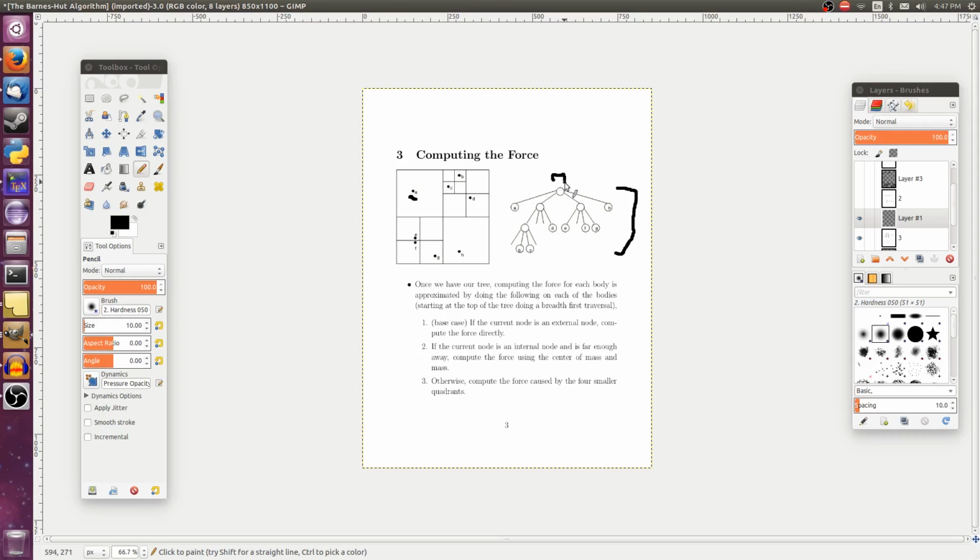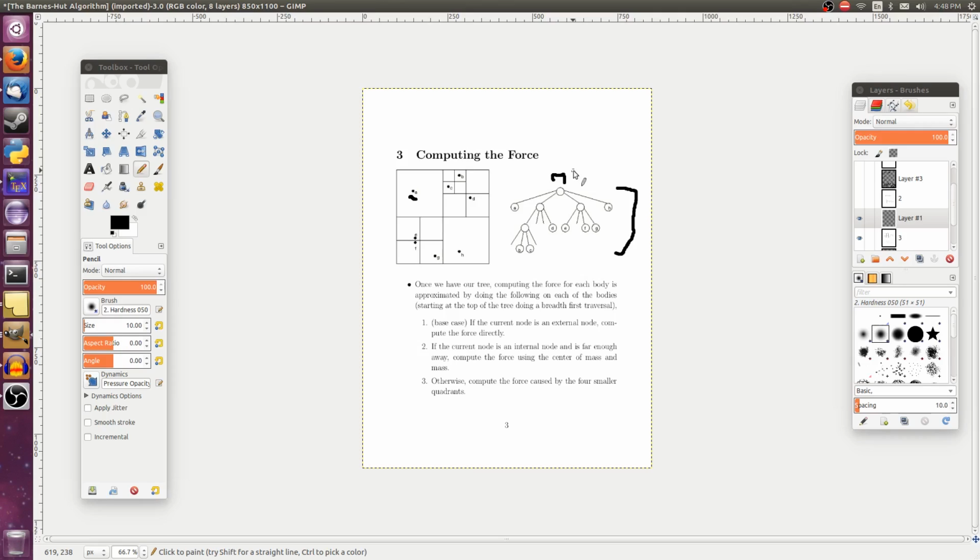Because remember, this is storing position information of the square and also the center of mass and mass of all the bodies below it. So if that condition is met, then we're going to approximate the force by using the center of mass and the mass. But if it's not, then we need to compute the force caused by the four smaller quadrants.